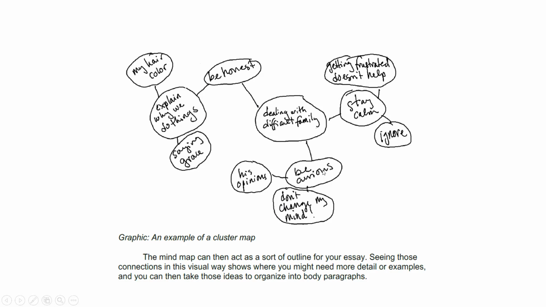And then monkey only likes the Dodgers, right? And then your last one, monkey only goes to night games, right? And now you have a whole paper. You put them step by step. Like it says, the mind map can then act as a sort of outline for the essay.